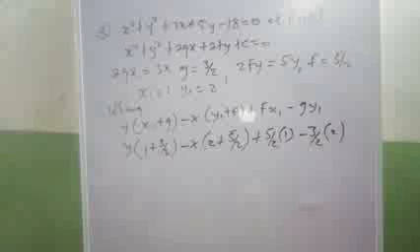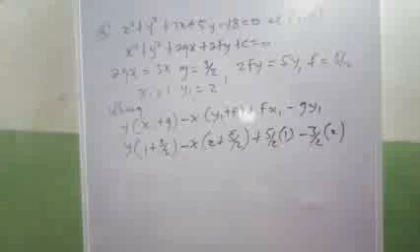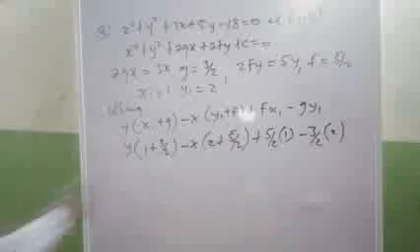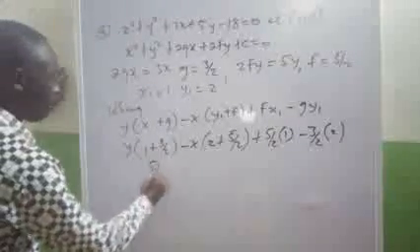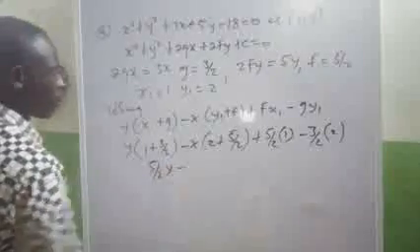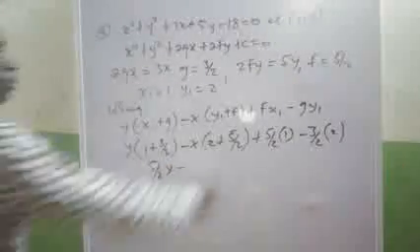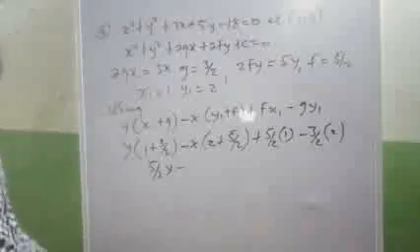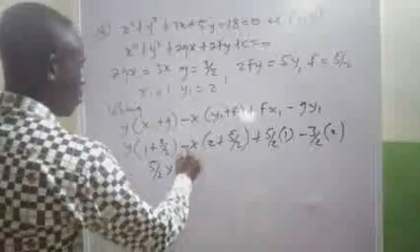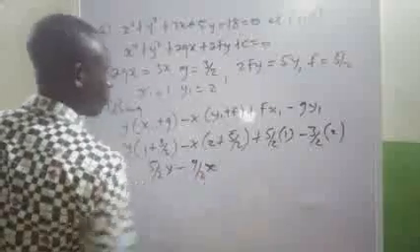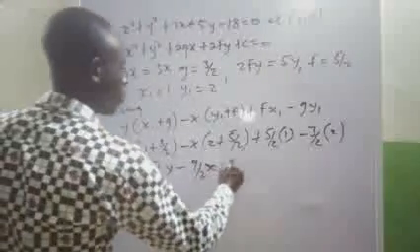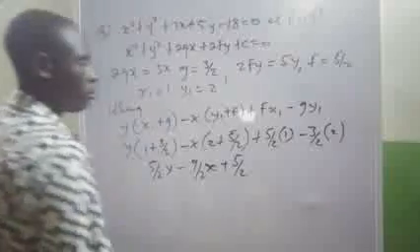So if you simplify that, here we have 2 times 1 is 2 plus 3, you have 5 over 2 y minus 2 times 2 is 4 minus 9 over 2 x plus 5 over 2.